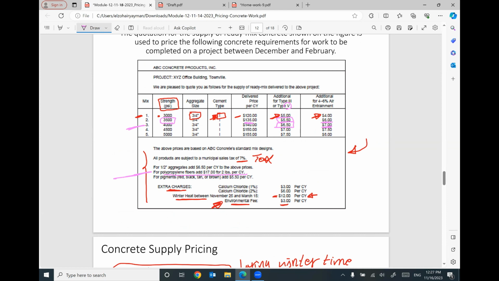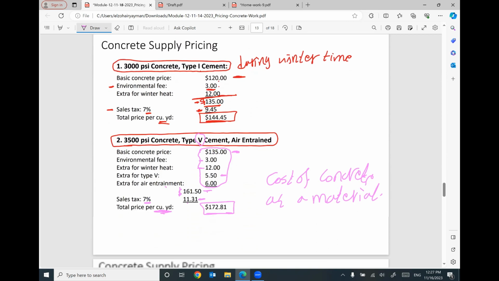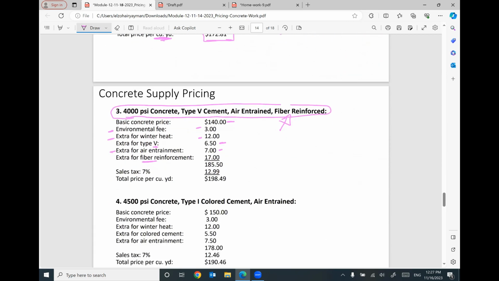I will add 2 pounds of this fiber for each cubic yard, so the cost will be $17 if you decided to use fibers in this concrete mix. So I need to add $17 fiber. So the total cost will be $185. Add 7% tax, so it will be $12.99 tax. The total will be almost $200 for each cubic yard.